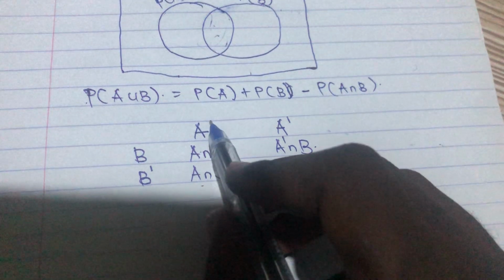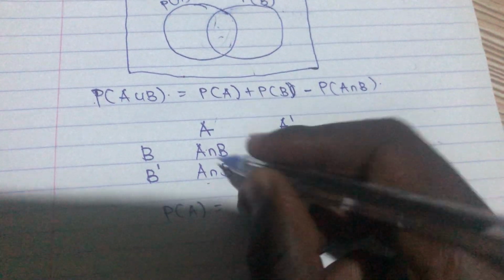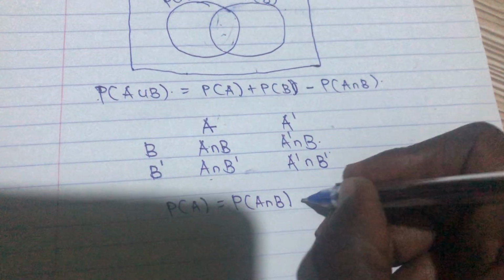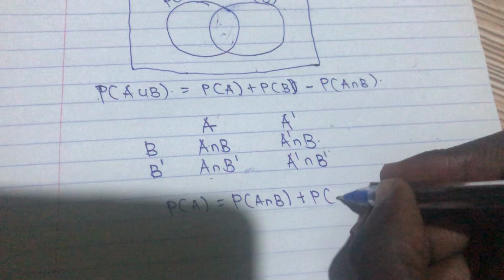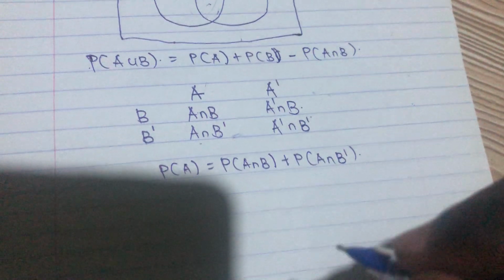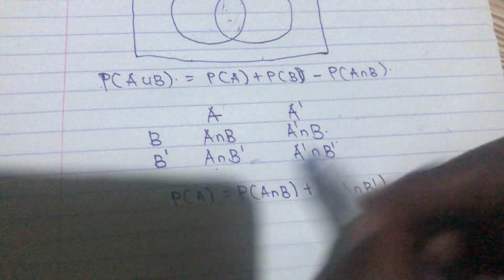So if in case they ask you probability of A, this probability of A is the same as having probability of A intersection B plus probability of A intersection B complement. Are we together? You can actually see it here, but let's not take time, just you need to know it.